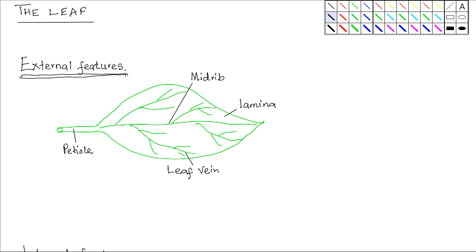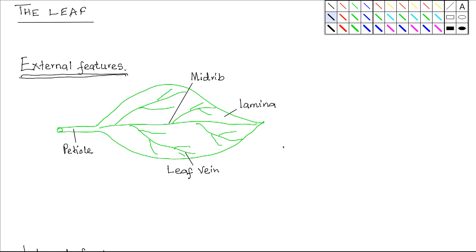This is to reduce the distance that light penetrates in order to get to the photosynthetic tissues. It also reduces the distance that carbon dioxide from the atmosphere must diffuse to get to the photosynthetic tissues. The leaf blade is also broad. This is to provide a large surface area for absorption of light and carbon dioxide.